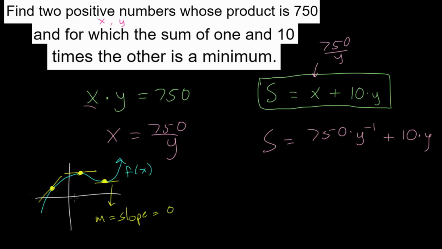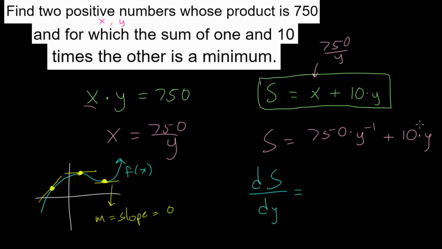So if we find the derivative, we can just set it equal to 0 and figure out, in this case, what the y value would be at that point. And from there, we can figure out what the x value is. So let's take a derivative. We can look at the derivative of this sum, and we're taking it with respect to y. And of course, we'll set this equal to 0 at the end.